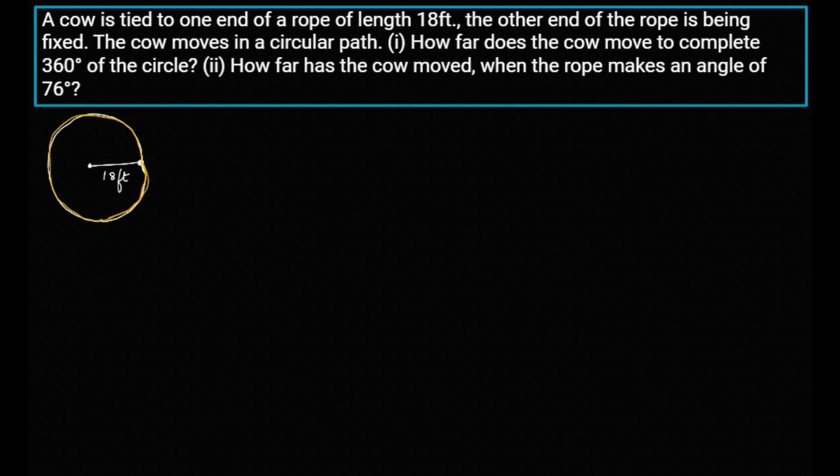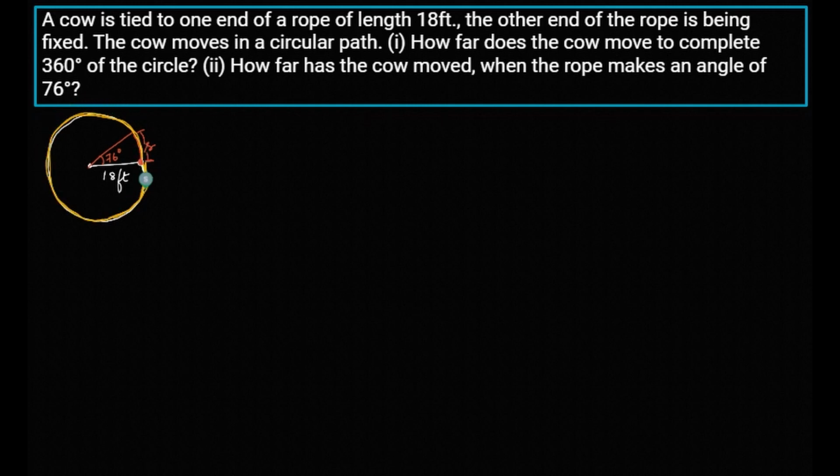And how far has the cow moved when the rope makes an angle of 76 degrees? In the second part of the question, we have to find out the length of this arc S, that is how far the cow has moved to make an angle of 76 degrees. In the first part, we have to find out the circumference of this circle, that is how far the cow has moved to make 360 degrees of the circle.